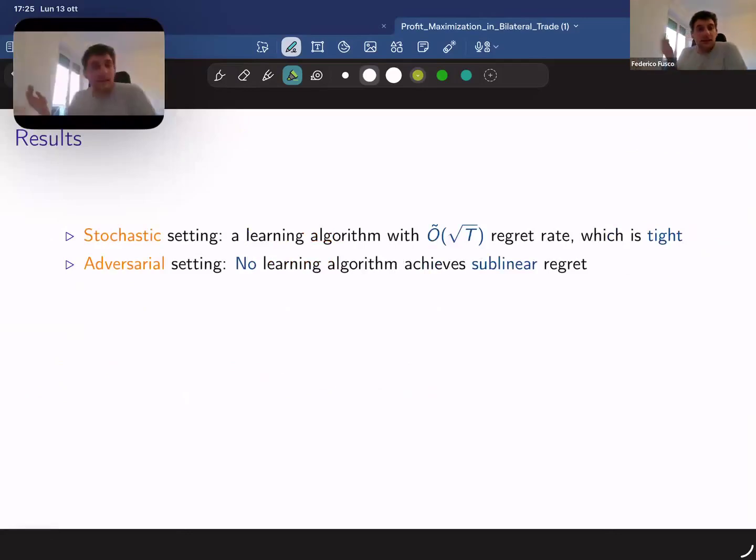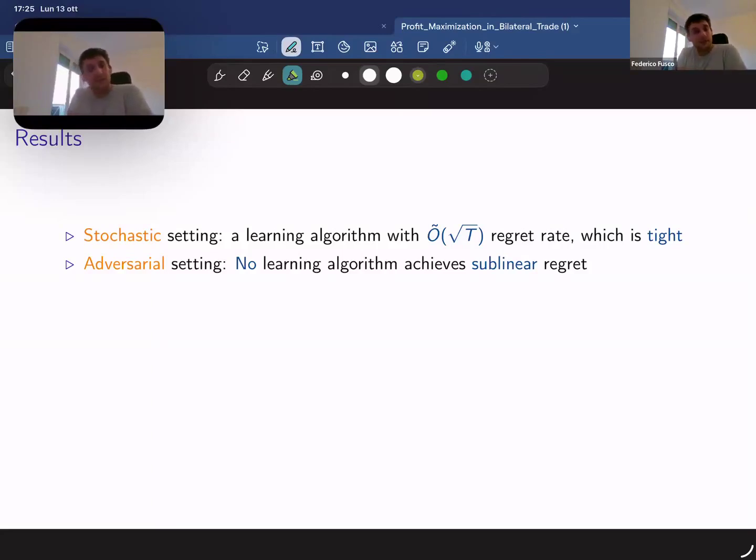And these are our results. Now in the stochastic setting, so when everything is i.i.d., there is a distribution, but we do not know the distribution, then we devise a learning algorithm that gets square root T regret rate, and we further prove that this regret rate is tight.